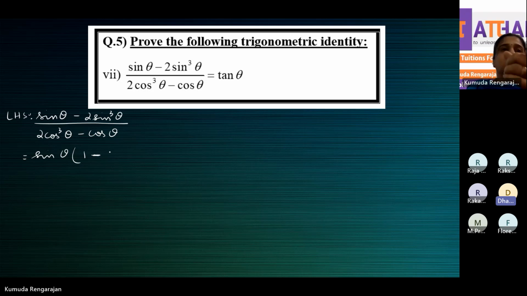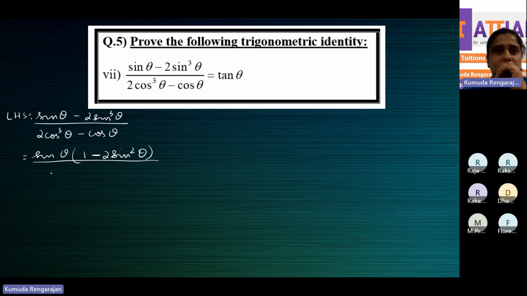2 sine square theta. That needs some effort. Tell me. 1 minus 2 sine square theta. Then what's common? Yeah, cos theta.